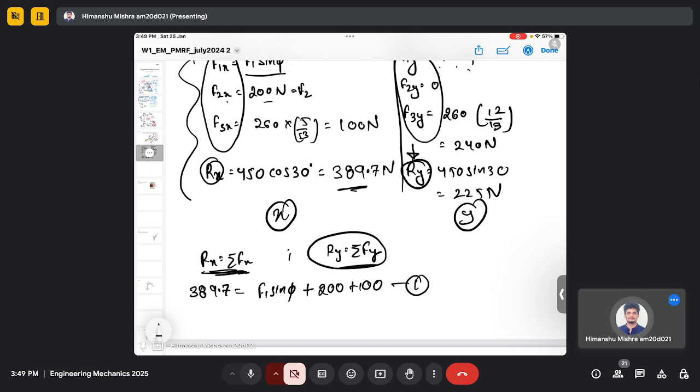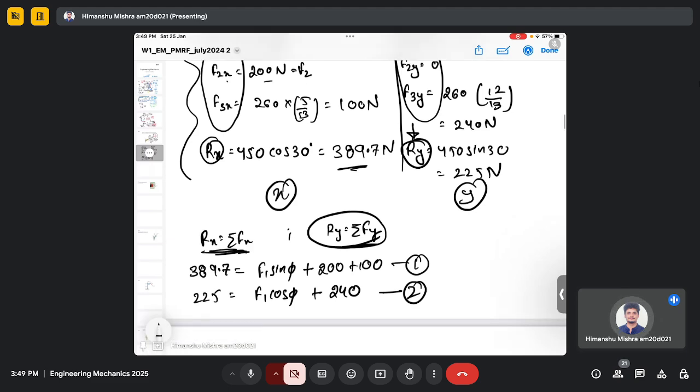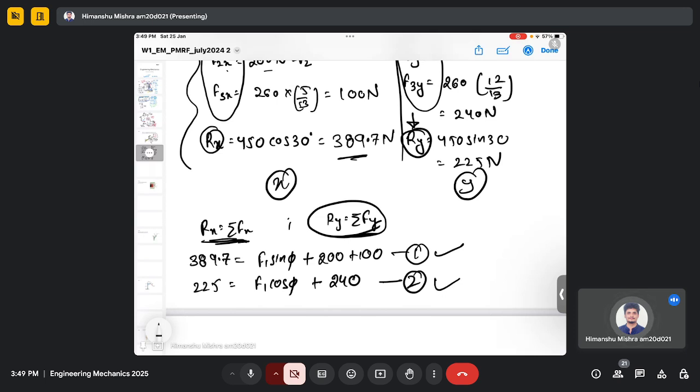Then using the same idea, Ry is 225, which equals F1 cos phi plus 240, and this is equation 2. So you have equation 1 and equation 2, and two unknowns. The first unknown is F1 and the second is phi. You can solve these two equations together to calculate the two unknowns.